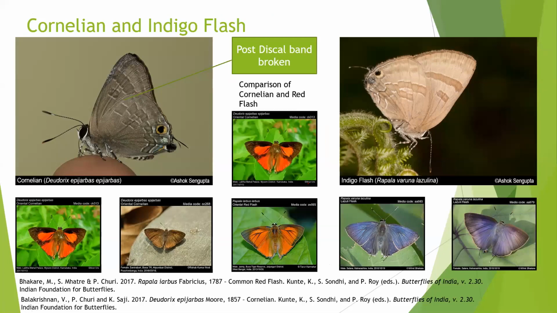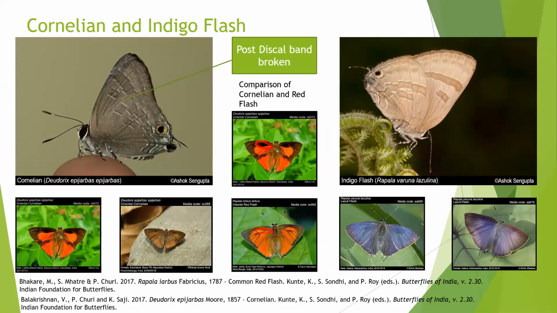Pen, and let me just do it once again for you. Can you see this cell here? This is brown, and in the case of Red Flash, there is no brown. Can you see this? Yes, sir. That's how we differentiate between Cornelian and Red Flash in the field.